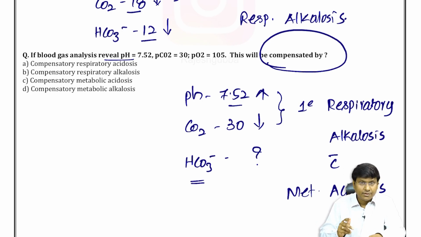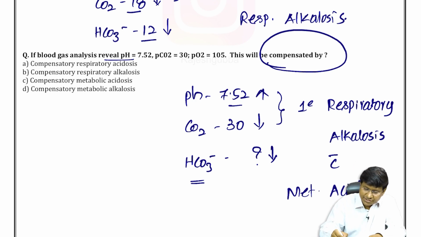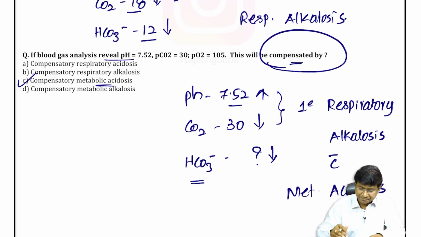So here, what should happen to your bicarbonate value? Bicarbonate value should also be decreased. When bicarbonate value is decreased, we call this metabolic acidosis. So what is the question asked? This will be compensated by the compensatory metabolic acidosis. So the answer is C here, the third option.